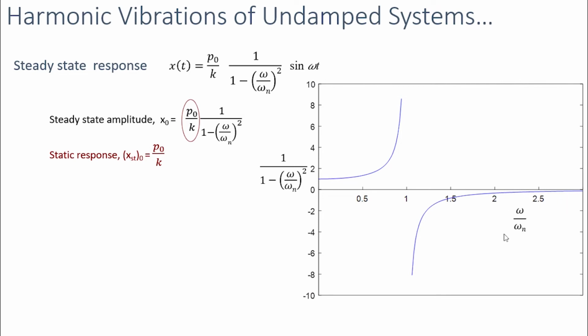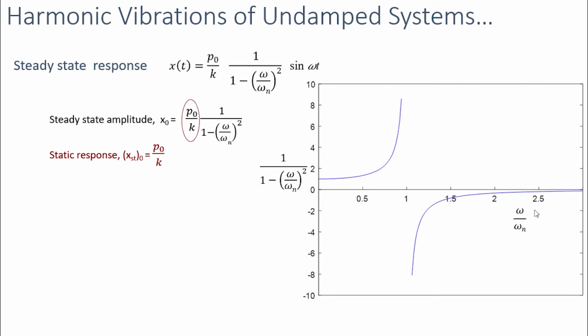That means when this frequency ratio is much higher than 1, the amplitude of the steady state response will be close to 0. It will be much less than the static response. This factor will be equal to -1 when the frequency ratio is equal to √2, somewhere here.